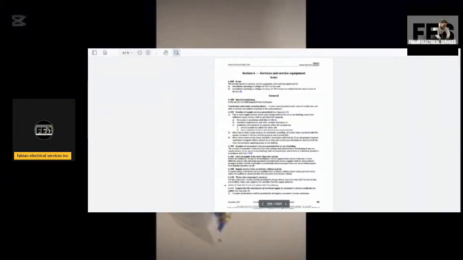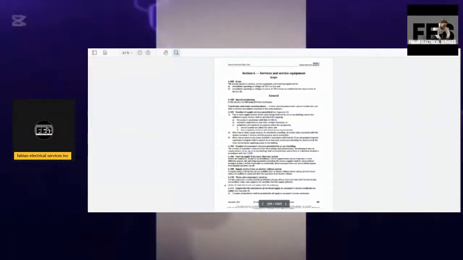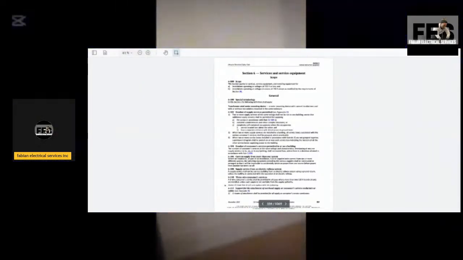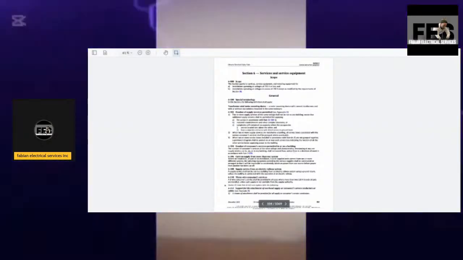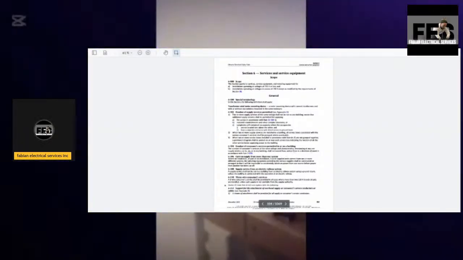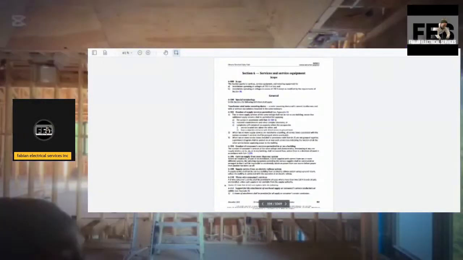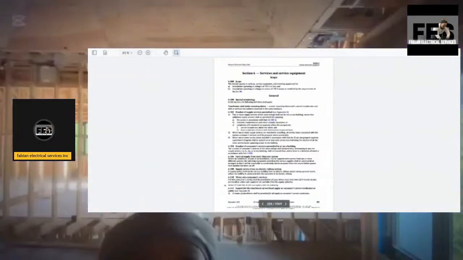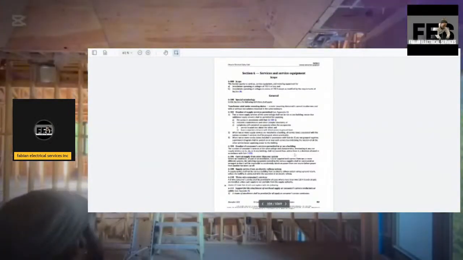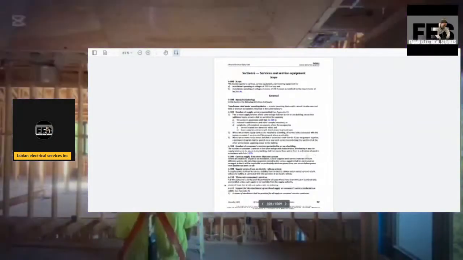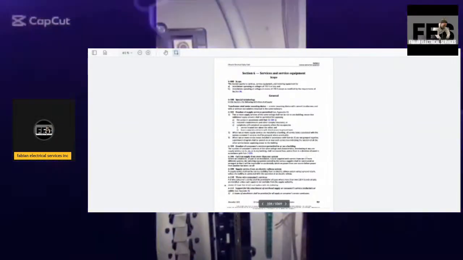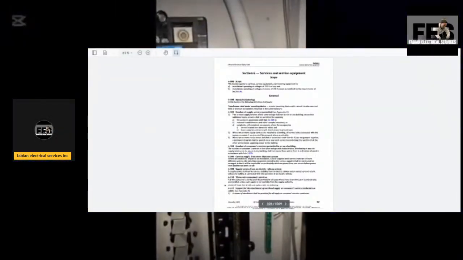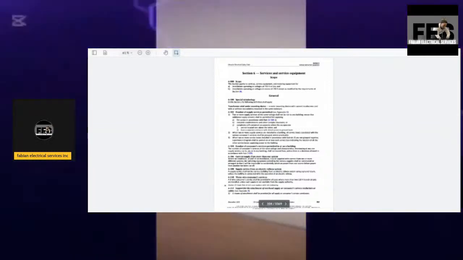Number of consumer services permitted in or on a building: the number of consumer services of the same voltage and characteristics terminated at any one supply service run to or in any building shall not exceed 4 unless there is a deviation allowed in accordance with rule 2-030.